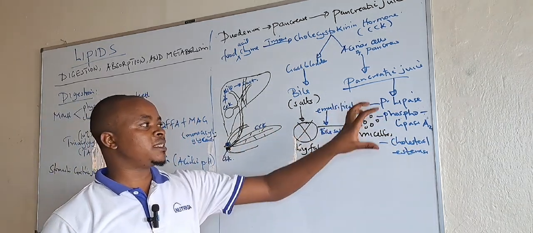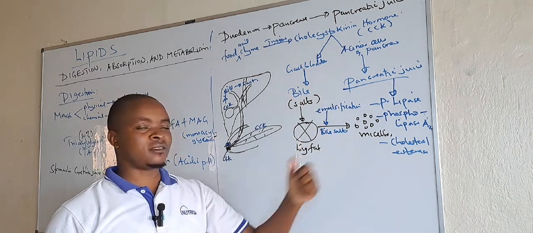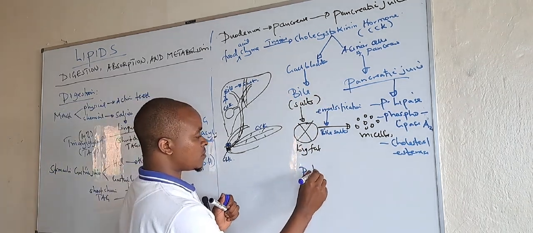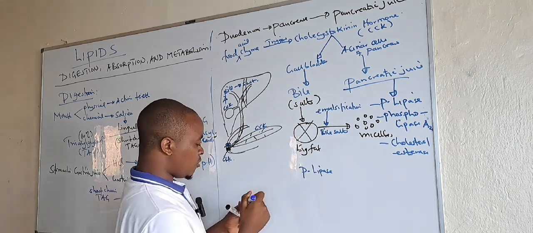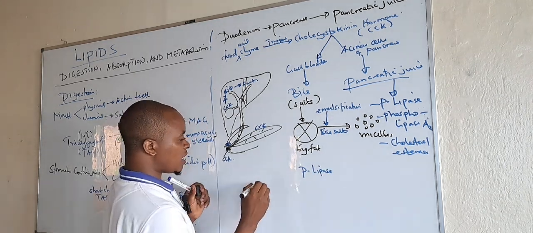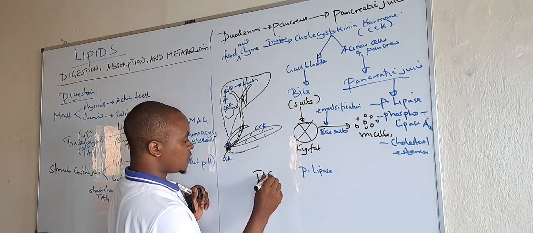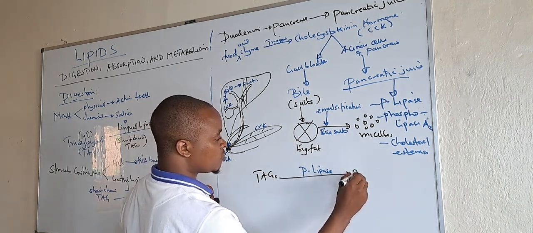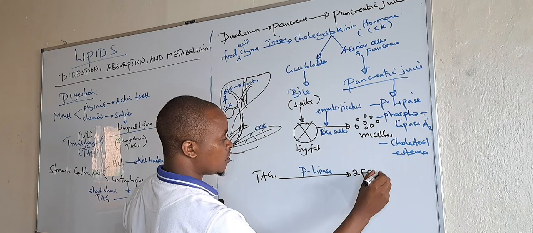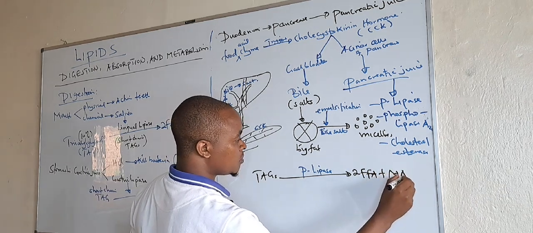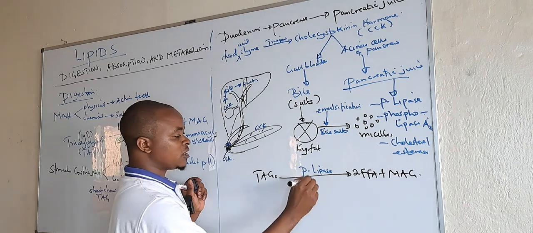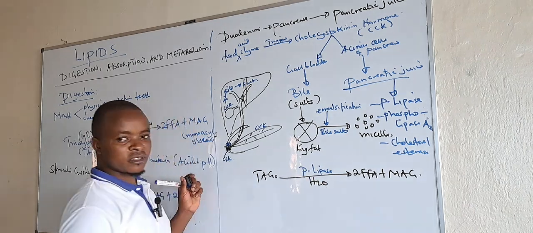In presence of pancreatic lipase, we are going to see conversion of triglycerides, which we call TAGs, to two free fatty acids plus monoacylglycerol. And this is a hydrolysis reaction, so it occurs in the presence of water.